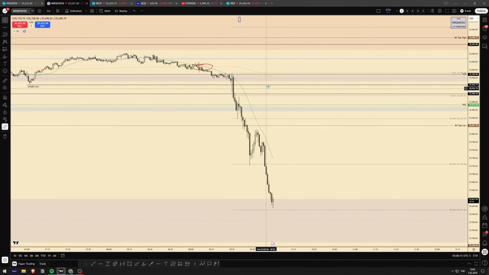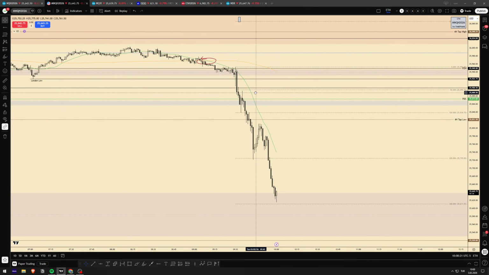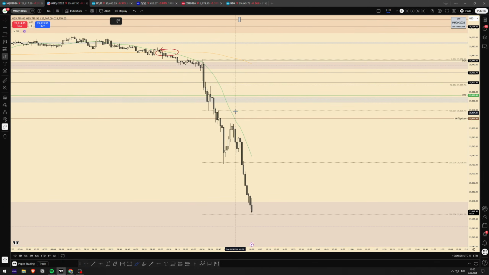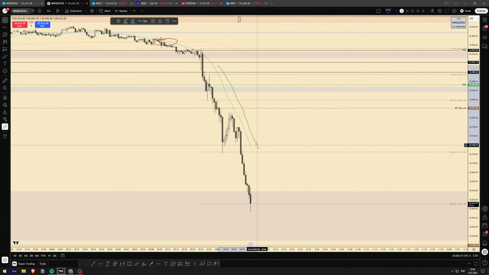Okay, look at the shape of the moving averages. What's happened, and look at the angles. Okay, imagine an arrow in front of this one. Where is this arrow pointing?